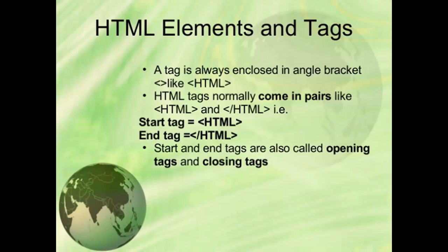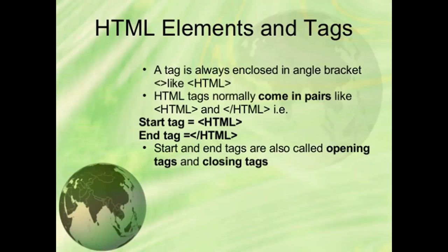Next is end tag. Either you call them start tag or opening tag, or you call them end tag or closing tag. In that case, you can understand that tags are simply enclosed in angular brackets. Therefore, HTML normally consists of these tags. These tags come in pairs.